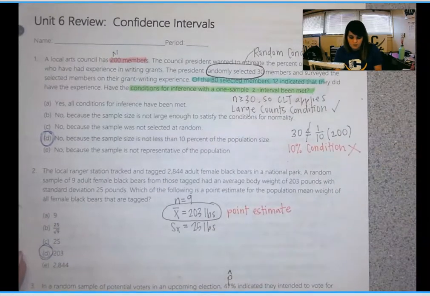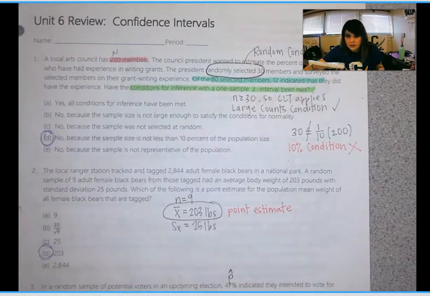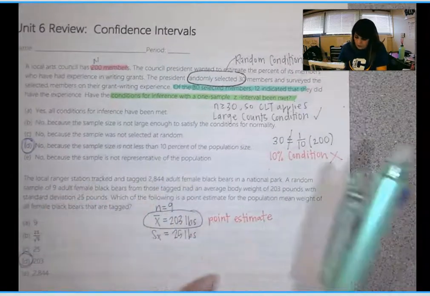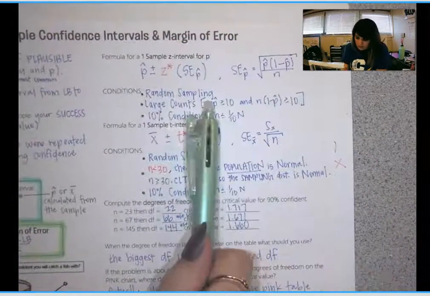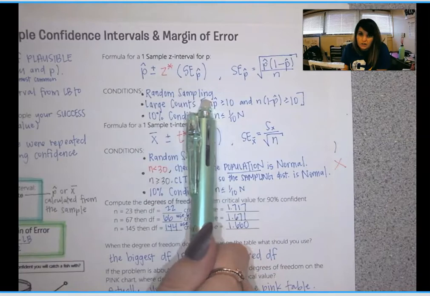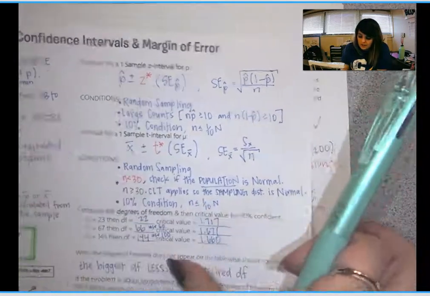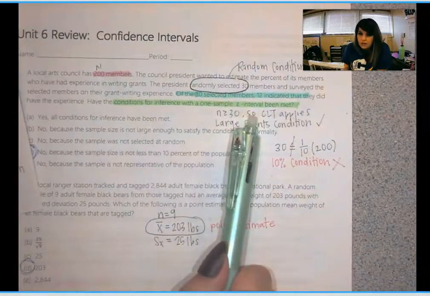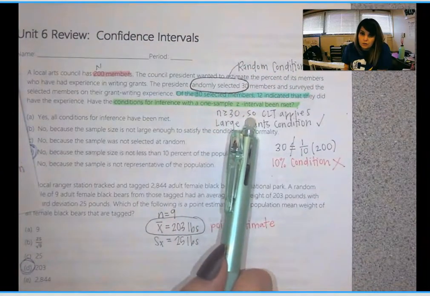Hang on, pause. I need to double check something. Okay, it's a good thing that we're going through this review because as I looked up the things that I'm supposed to check for this problem, I realized that I checked the wrong thing here, and hopefully you guys noticed that as well.